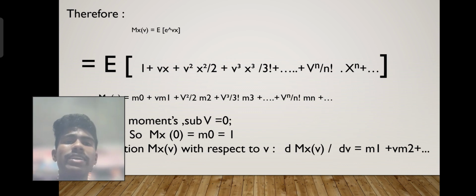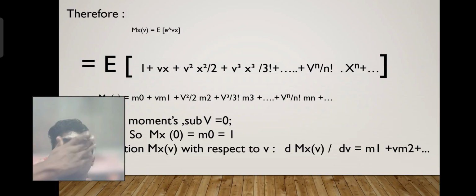To find the moments, substitute v equal to 0. So M_X(0) is equal to m_0, which is equal to 1.